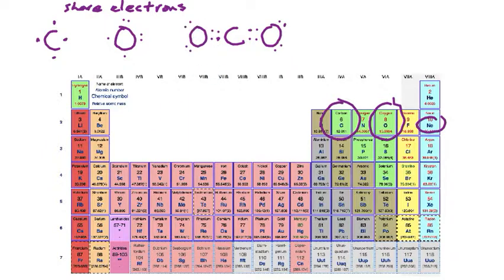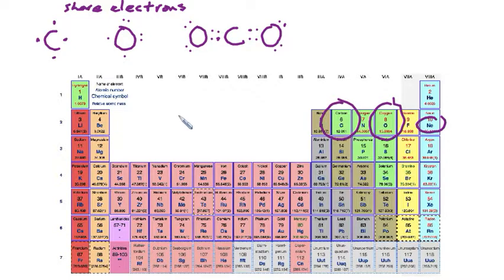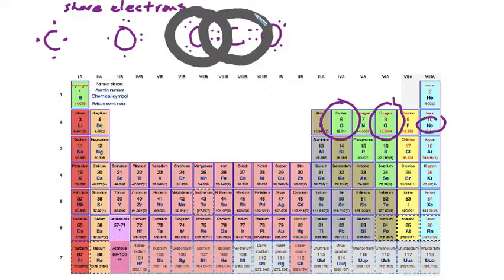And the way I usually like to draw this is with a circle that surrounds the carbons. I don't know if this is going to work. It's not too bad. If I could make this somewhat transparent.